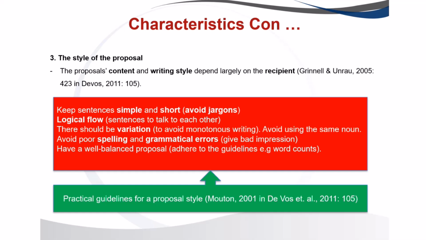So we want you guys to start to write in a professional and academic way, especially at this level. Have a well-balanced proposal. Adhere to the guidelines. All right, I've just mentioned that one. If, for example, you attended tutoring sessions and they took you through how to write a literature review, those guidelines are very important.